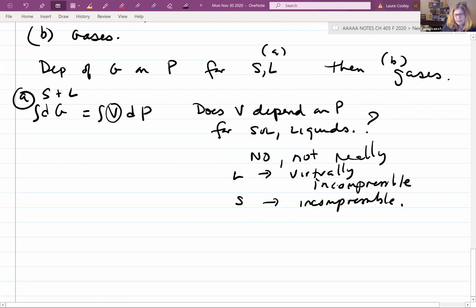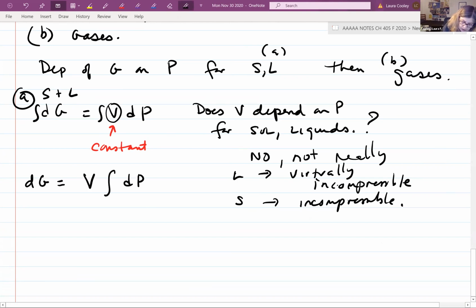So it really doesn't matter pretty much how much pressure you put on a liquid or a solid, its volume doesn't really change. So we can say that this volume is constant. And that makes all the difference, of course, to this integral.